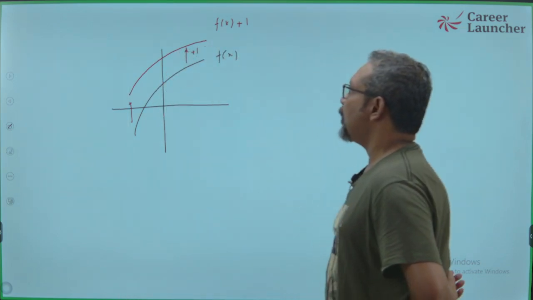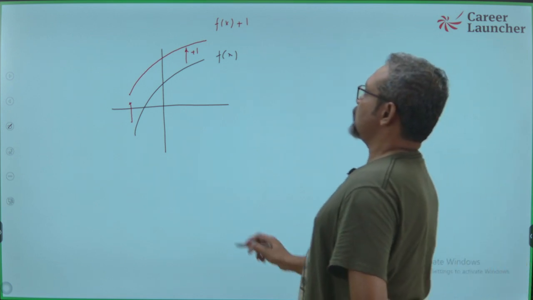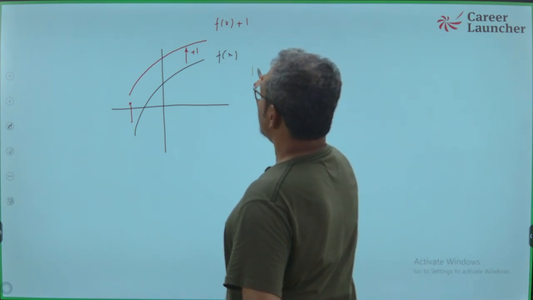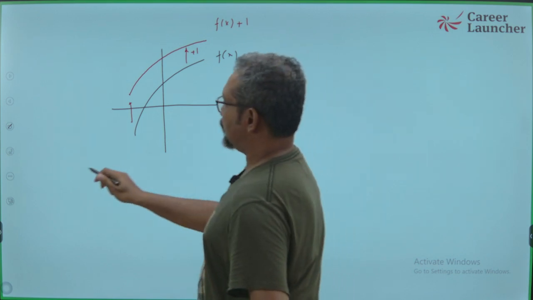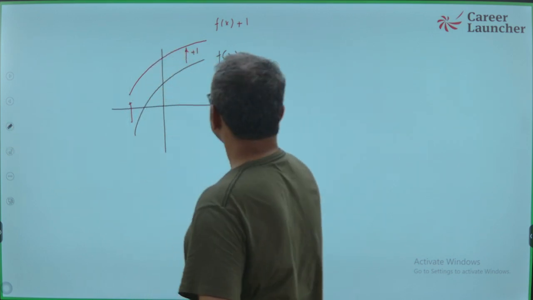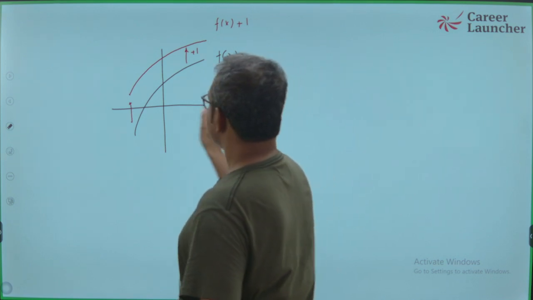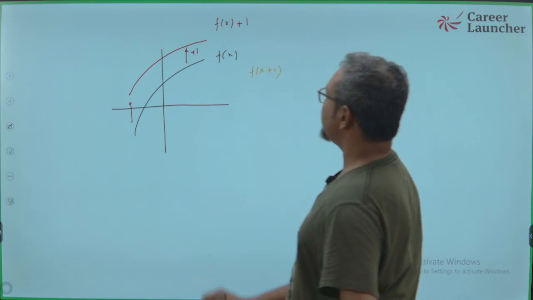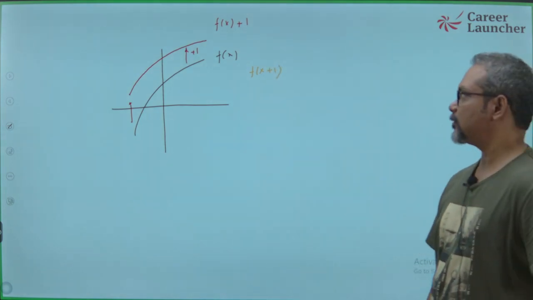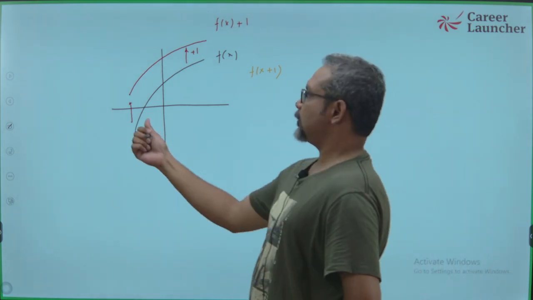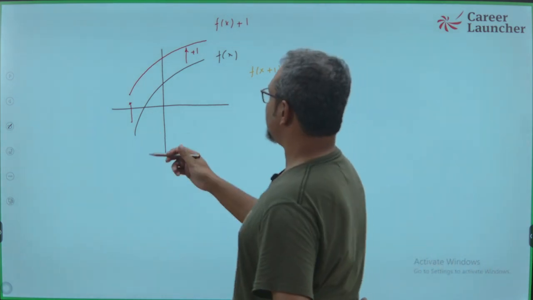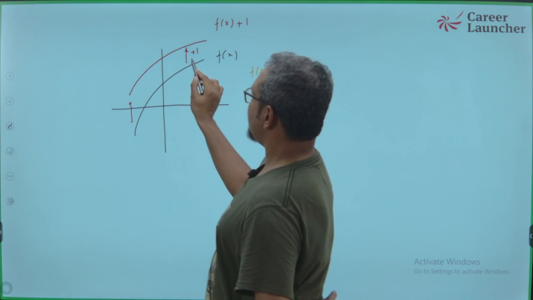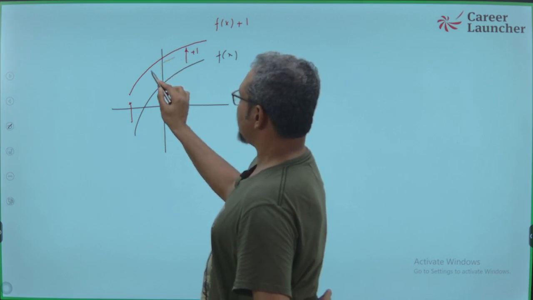The other one is if I add 1 to the x. So if I want to find the graph of f of x plus 1, the x is increased by 1, the graph actually does not go to the right, it actually goes left. So the graph will shift left and it will move like this.